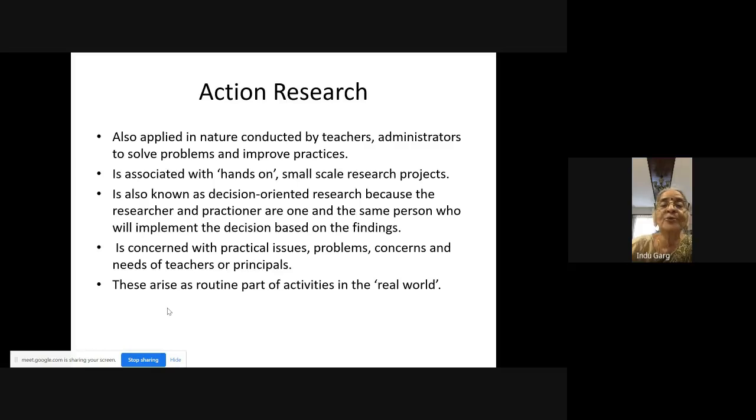You are the one who's going to implement it. So you are the real researcher and a practitioner in the classroom who will implement by taking the right decision.